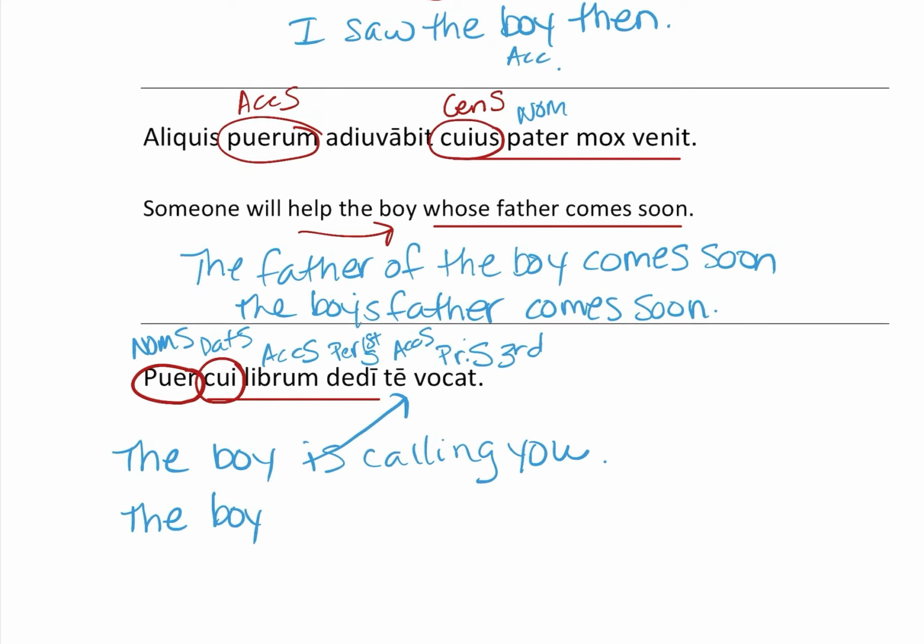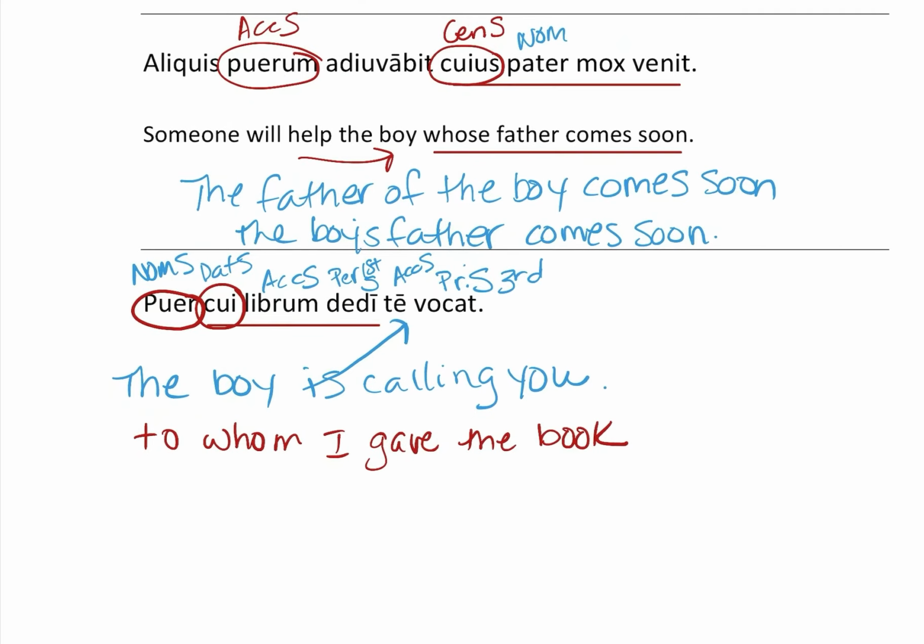So if you didn't know, we could translate the two separate clauses, the relative clause and the independent clause, and see. So cui, to whom, dedi, I gave, what was given? The book. Now if you do those separately, you can go, oh, I gave the book to the boy. That's how we know that the boy is the antecedent.